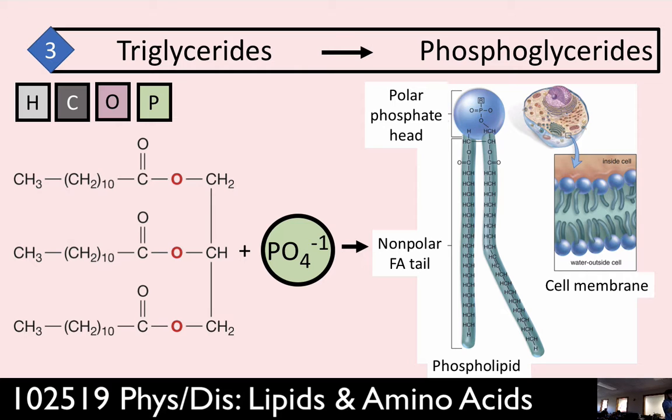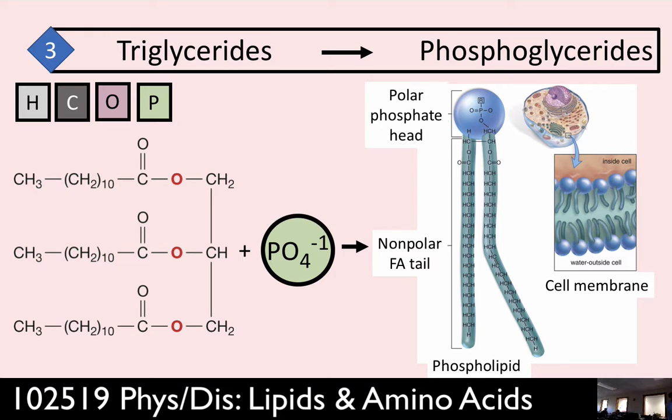So phosphate looks something like this. Like that. That's what a phosphate group looks like. And this oxygen would be this oxygen. So in a phospholipid, it would look like this, CH2, C, and CH, and then this would be the other CH2. So that would be a phospholipid.